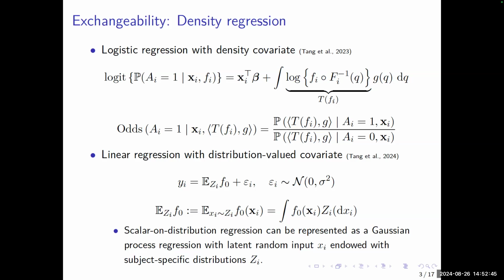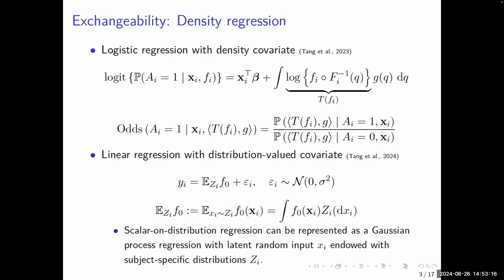Assume we have a binary outcome, and we regress it on some scalar covariates and the density function. But the density function is not in a Euclidean space, so we cannot directly apply those functional data analysis approaches. We should consider some transformations, for example, the log quantile transformation. Based on this estimation, we can interpret the model at the odds ratio level.